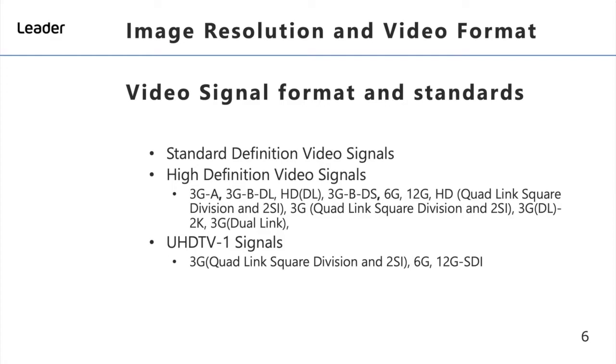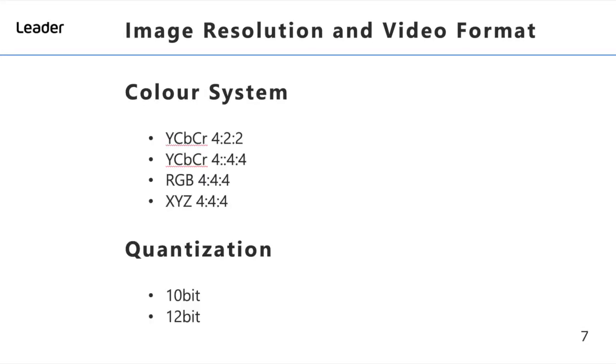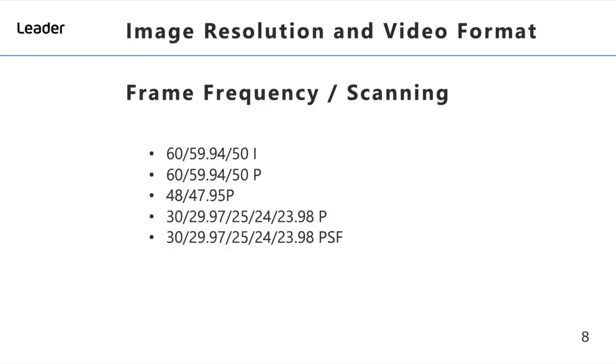Standard definition video signals, high definition video signals and UHD TV1 signals come in a myriad of different transport formats that all need to be supported. Then you have the different colour systems and quantization. And finally, you have the different frame rate frequencies and also scanning modes.